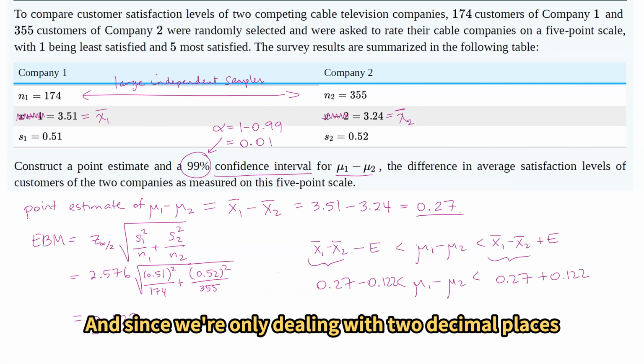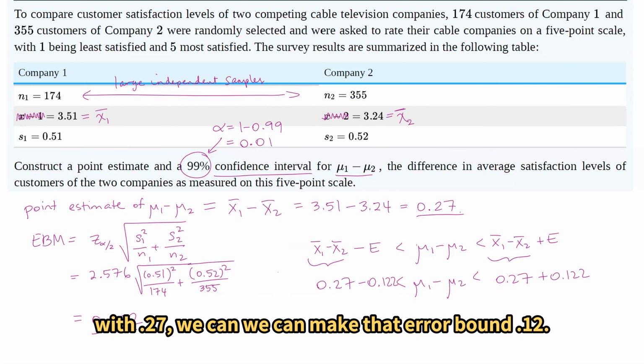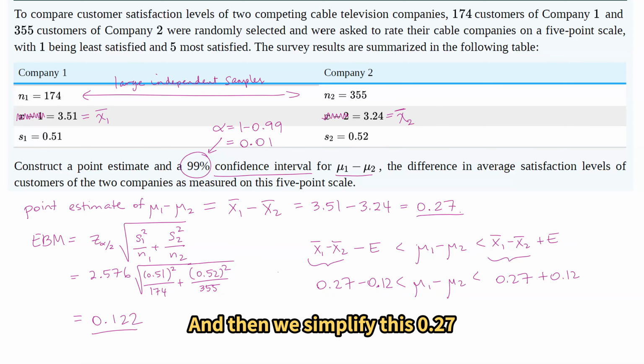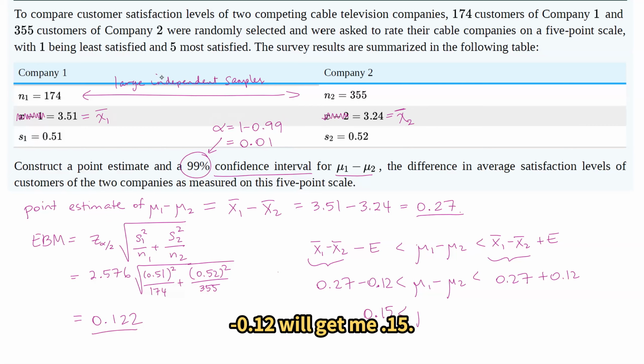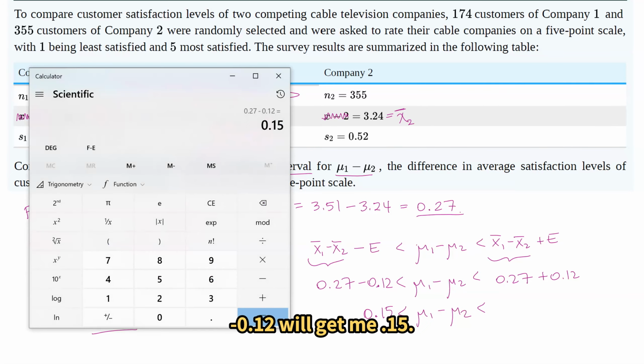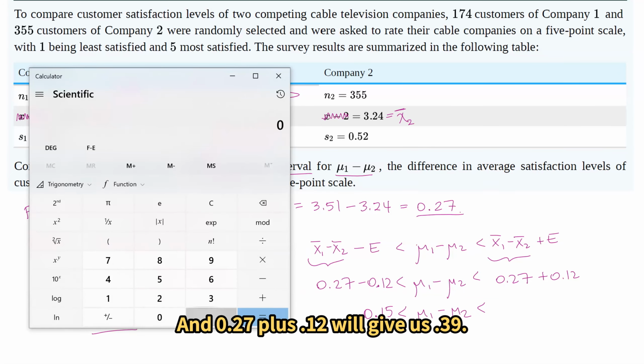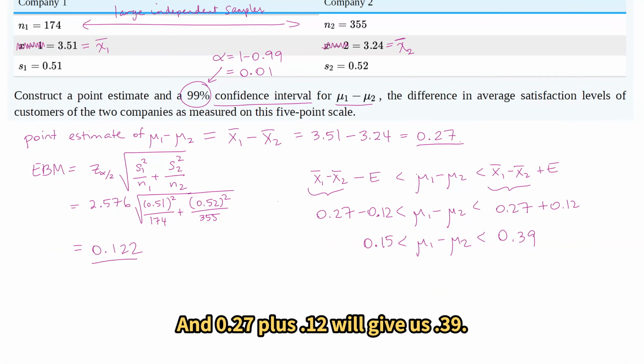Since we're only dealing with 2 decimal places with the 0.27, we can make that error bound 0.12. And then we simplify this. 0.27 minus 0.12 will get me 0.15. And 0.27 plus 0.12 will get us 0.39.